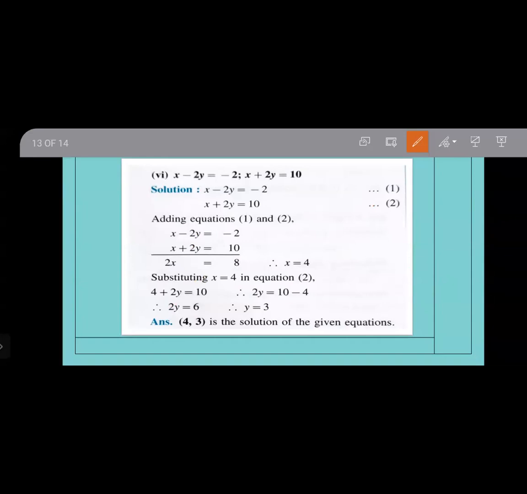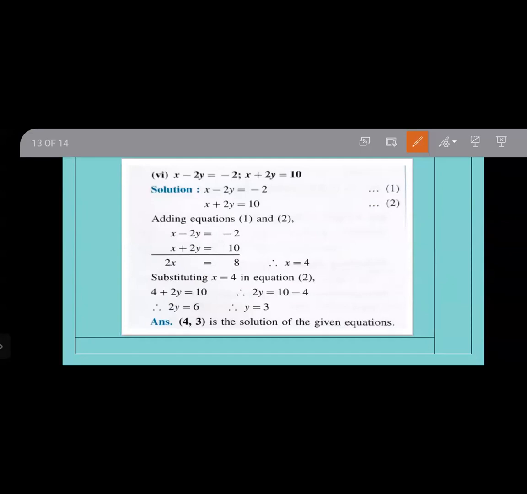I will suggest that in 5.1, the question is: solve the following simultaneous equations. In that, they have only mentioned that you have to solve it, but they have not mentioned the method.